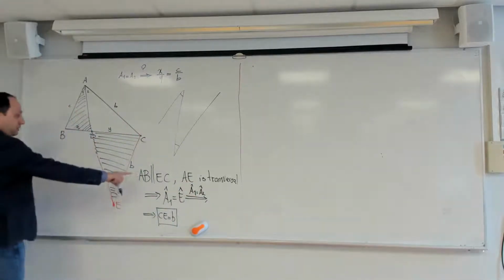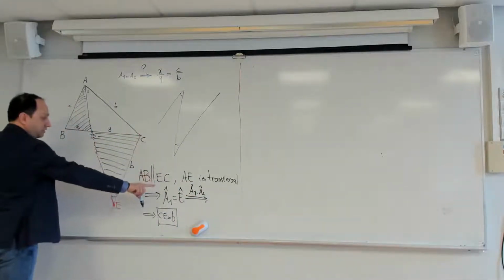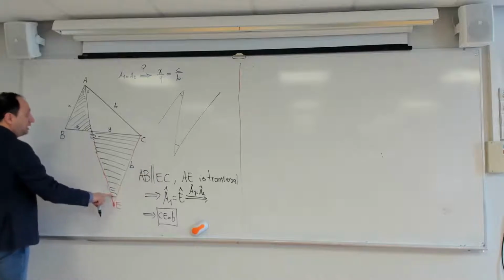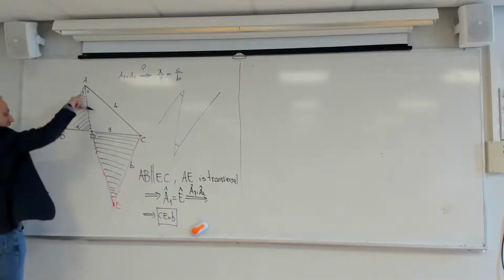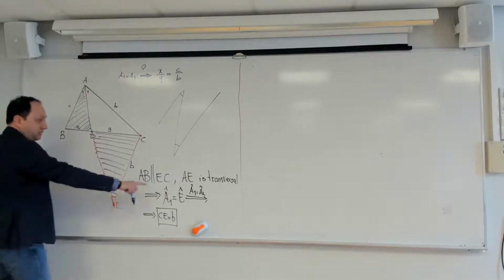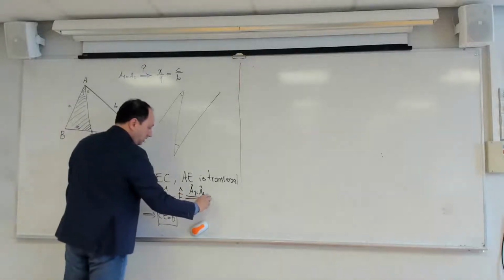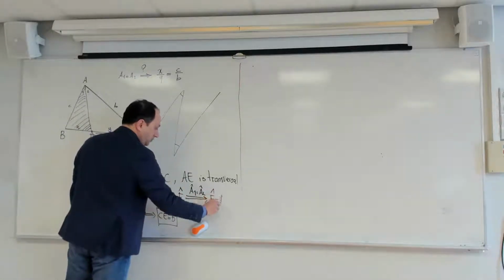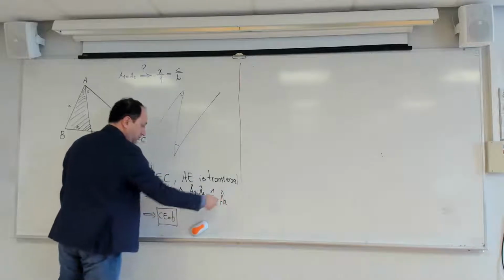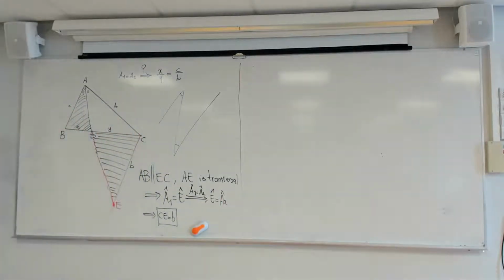From this parallel and transversal, I realize that A1 and E are the same. But my goal is not to show A1 and E are the same. My goal is to show A2 and E are the same. So I write A1 is equal to A2, so I can conclude that E is equal to A2. I was in a hurry, so you have to write that as well. Okay, now everything is good.